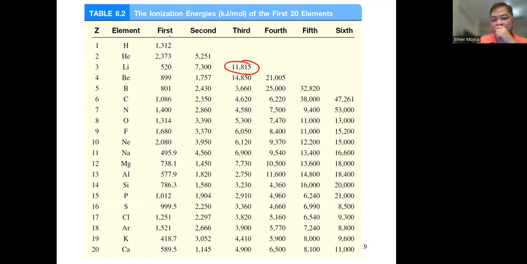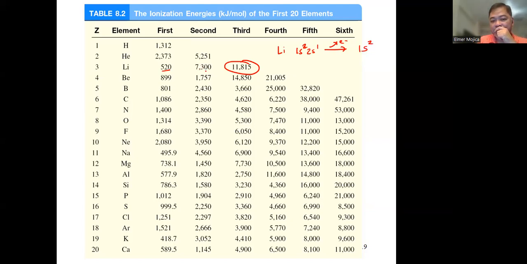Hindi mo pwedeng sabihin na yung second ionization energy is doubled than the first. Here you could see Li. You just need 520. So what is Li? 1s2, 2s1. So to remove one electron, you only need 520.